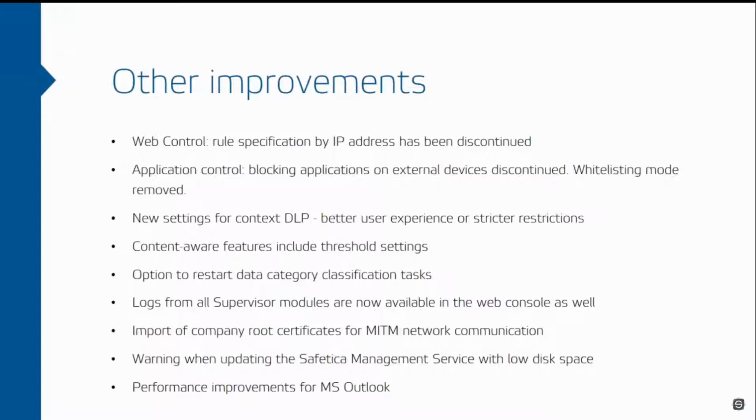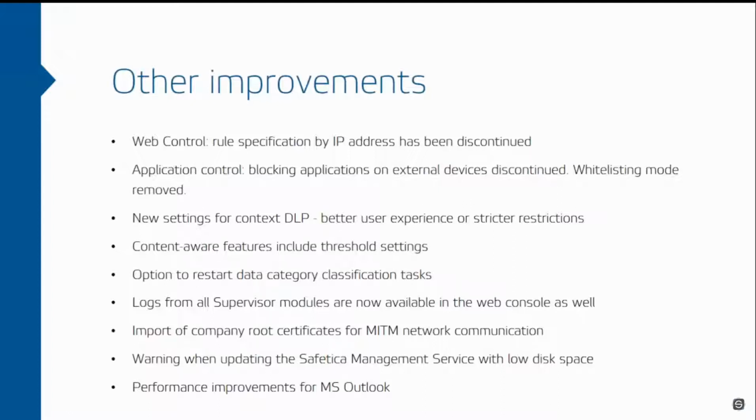So we included some new settings which can help with this. You will have to explore the product, or we might come back to this after we are done with the presentation, but there are new settings for context DLP too. So if you are still sticking to the old way of DLP, there are some improvements there too.